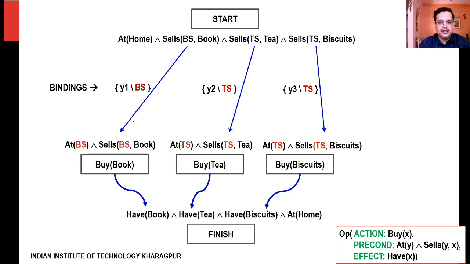Now if you see, right now my unfulfilled sub goals are which ones? I don't know how to get to this at BS yet, and similarly at TS is unfulfilled, and then this at TS is also unfulfilled, and at home is unfulfilled.